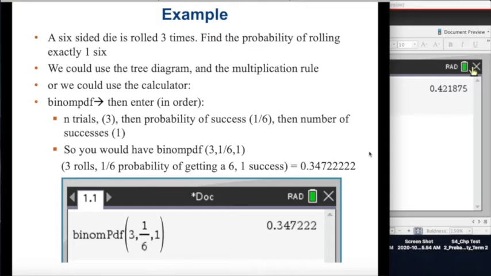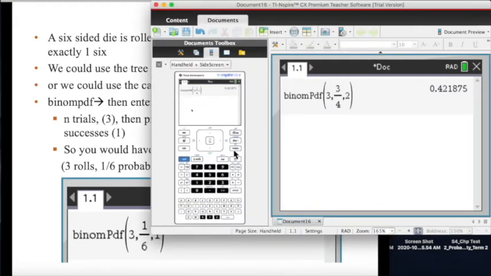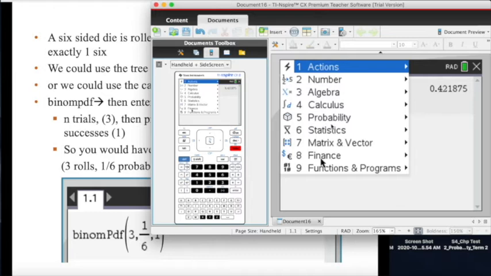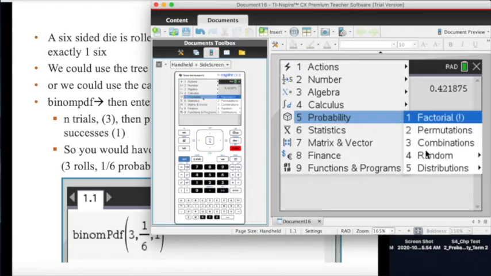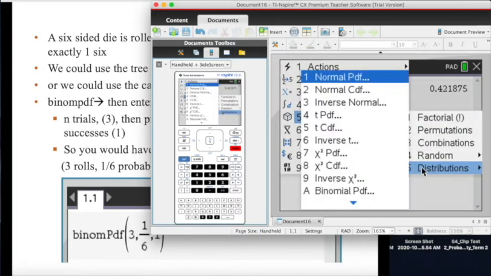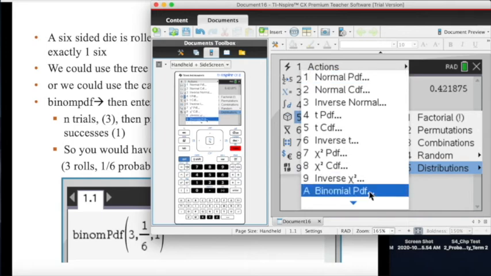All right, let's input these to the calculator. Again, you go to menu, probability, distribution, and we use binomial PDF because this question is asking for a specific number of successes, which is one 6. So we click that.